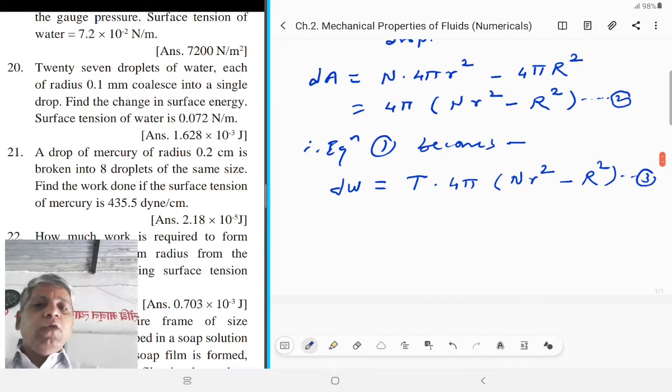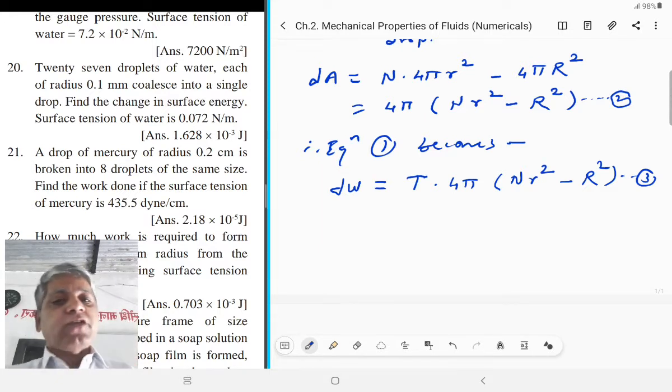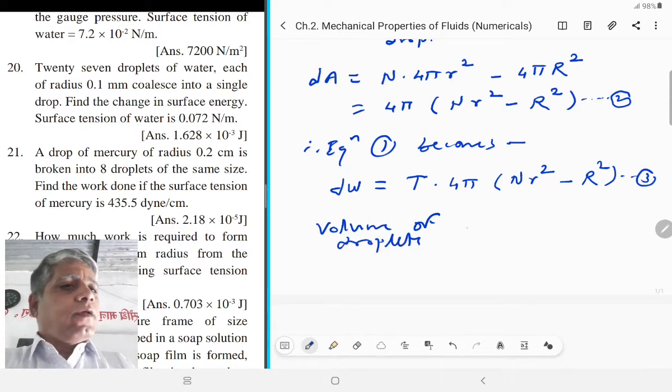But the volume of the droplets and the single drop remain the same. Volume never changes during the coalescence. So the volume of droplets is equal to volume of a drop.